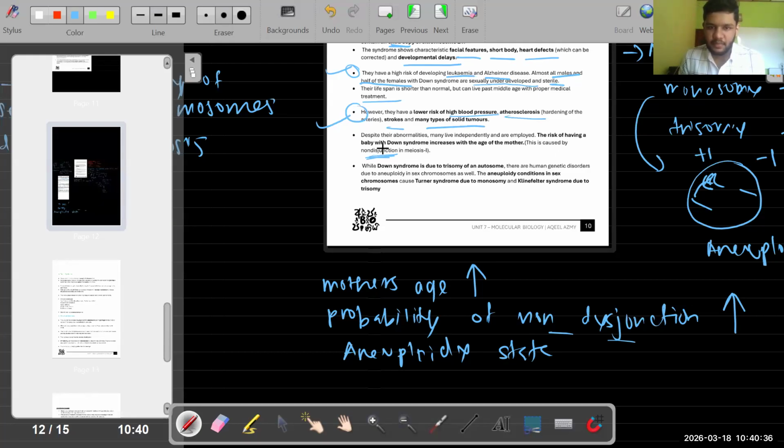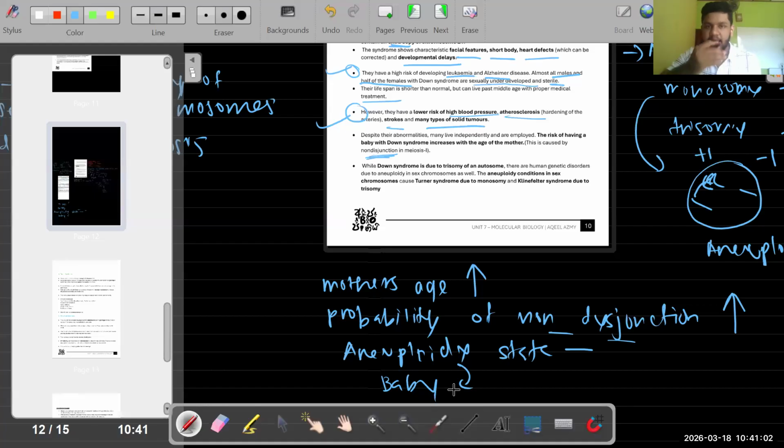So they're saying there is a risk of a baby being born with the syndrome. After a mother has been affected with this aneuploidy condition, the baby born to her may also have the same condition. That is what they're trying to convey. When the mother's age surpasses a limit and she conceives after that, her chance of non-disjunction has increased.